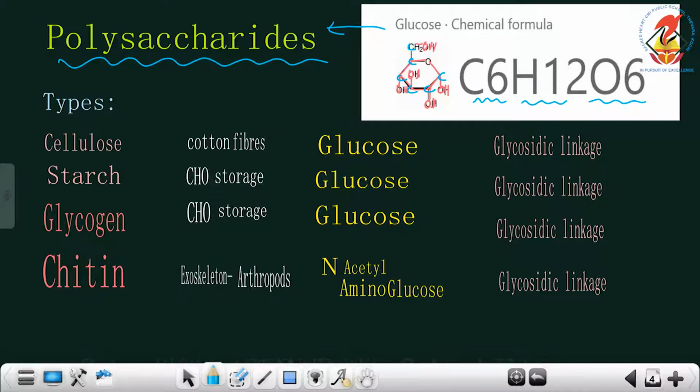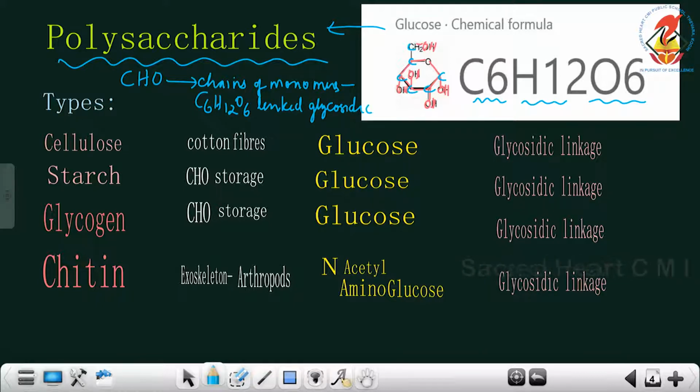So these form the monomeric units of the polymer called polysaccharides. So once again, what are polysaccharides? Polysaccharides are carbohydrates formed by chains of repeated units or monomers, which are usually glucose C6H12O6, linked by glycosidic linkage.